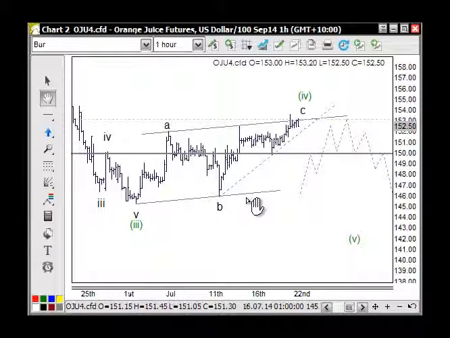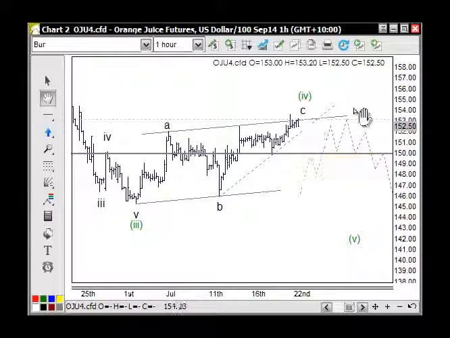Now, it's not easy to count this 5-wave sequence up here. All we can do is have a bit of a shot at it. We're looking at this as probably being the 4th wave across the 150 area support, and then we're looking for wave 5 up here, which will also have 5 little waves in it as well.